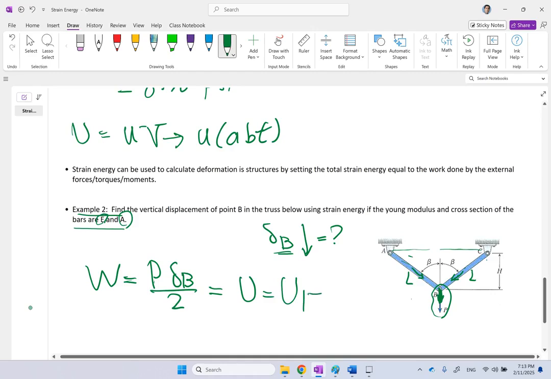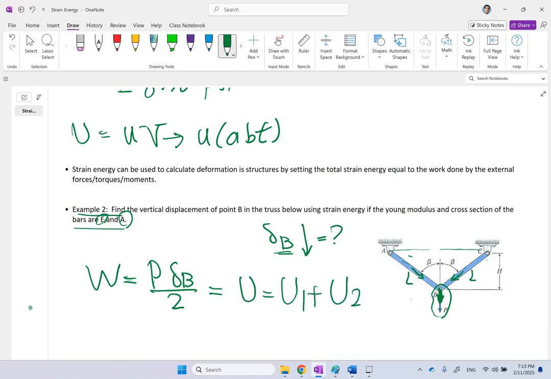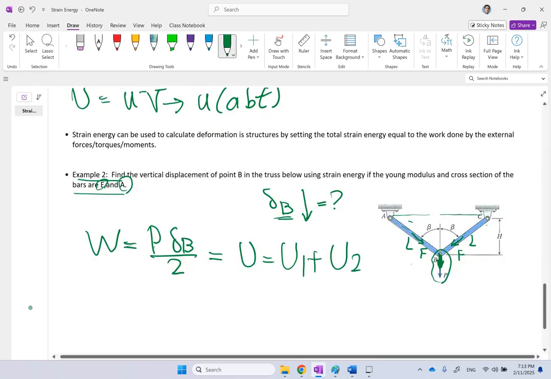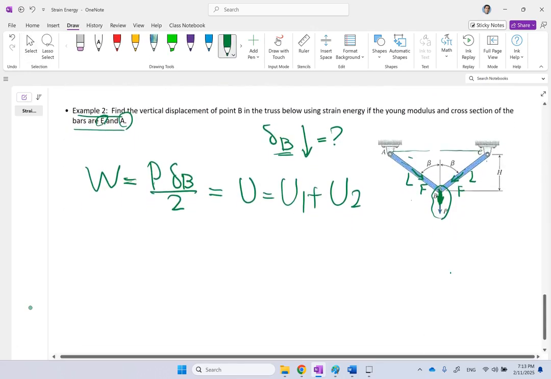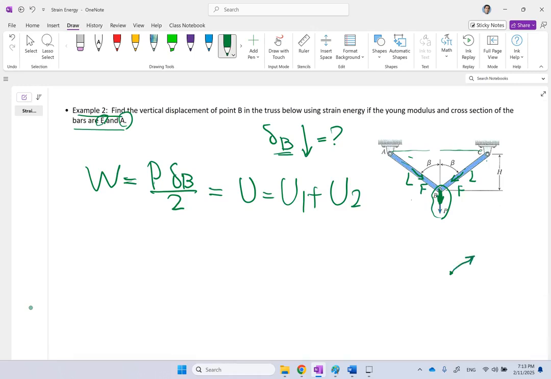Okay, so the thing is, how do we find U1 and U2 and add them together? The first thing is, how much is the axial load F in each one of these members? Well, clearly here at point P, we have to have a static equilibrium. So if these members are in tension with force F, then the force F at point P is going to be applied backward to the pin, as well as that load P downward.